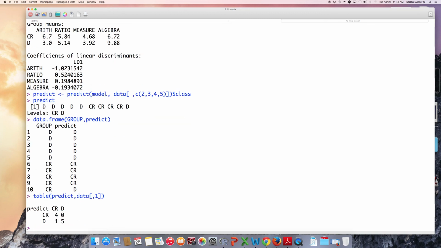That gives us a classification table, and we can see that of those who were actually college ready, 4 were predicted college ready. Of the ones who were developmental, 5 were predicted developmental, but there's one that's not. So our classification rate would be 90%, because you take the CR column, the intersection, and the DD, so 9 out of 10 were accurately classified.